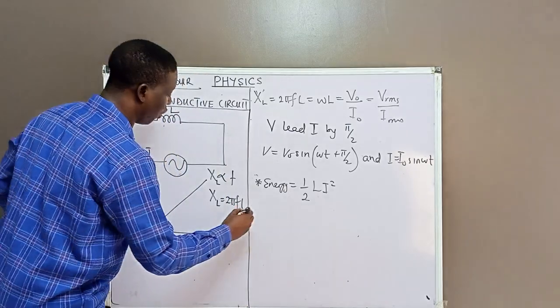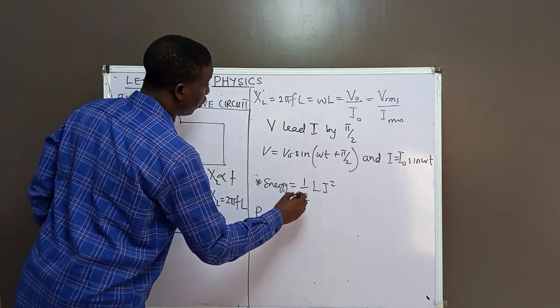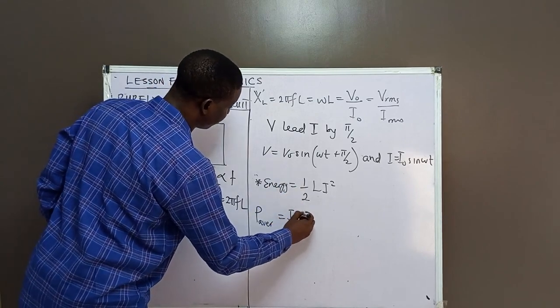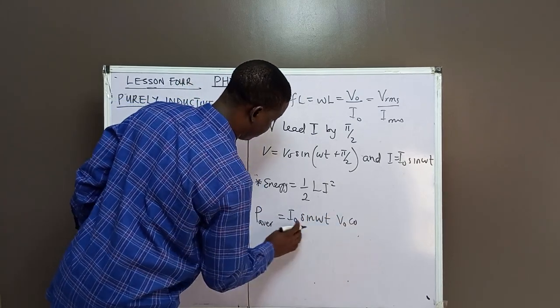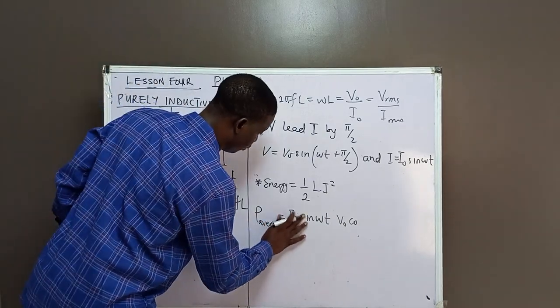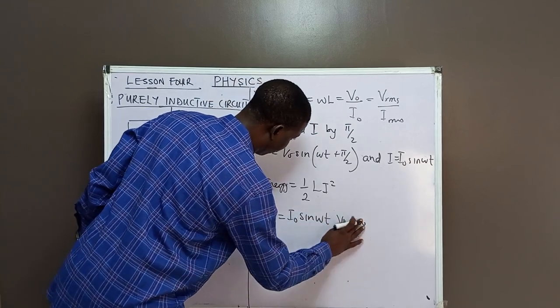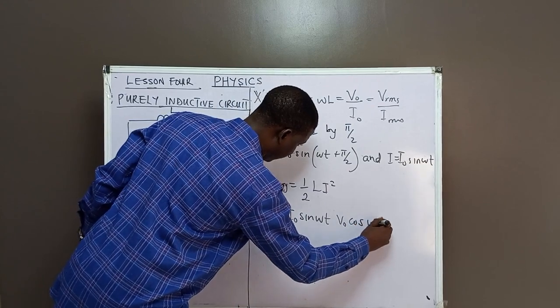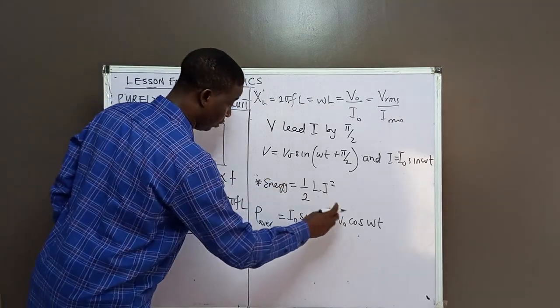And again, the average power here, don't forget, will be equal to I naught sine Wt times V naught cos Wt. From our earlier work, here is sine and this one is cos. You can check back and see, because voltage leads current by 90 degrees.